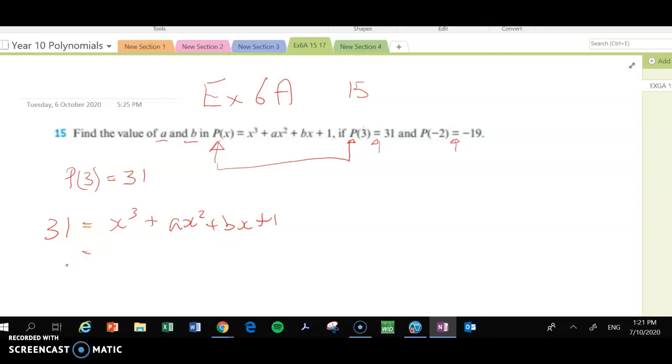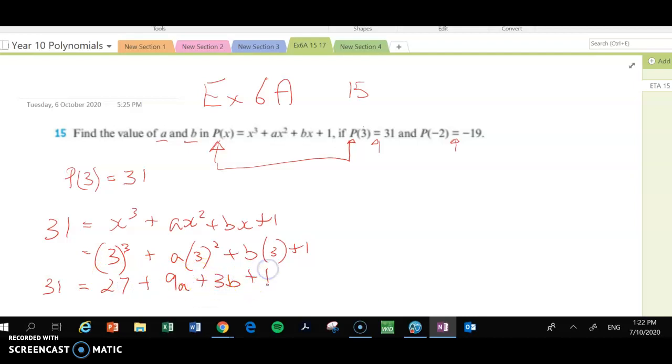Substituting the 3 into it, we end up with 3 cubed plus a times 3 squared plus b times 3 plus 1. Evaluating that, we get 31 equals 27 plus 9a plus 3b plus 1.